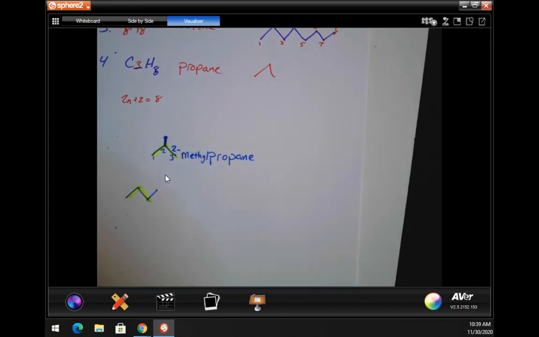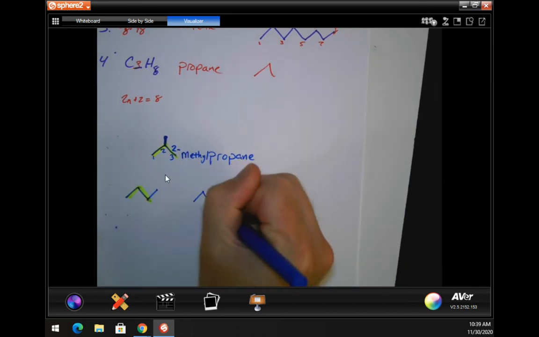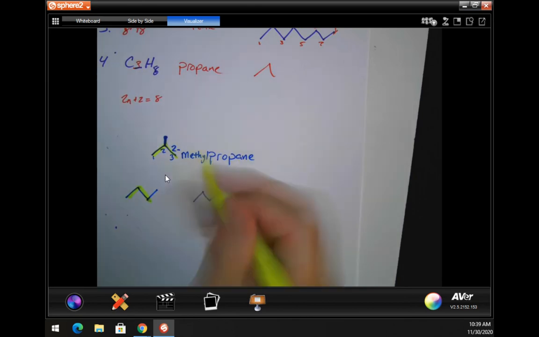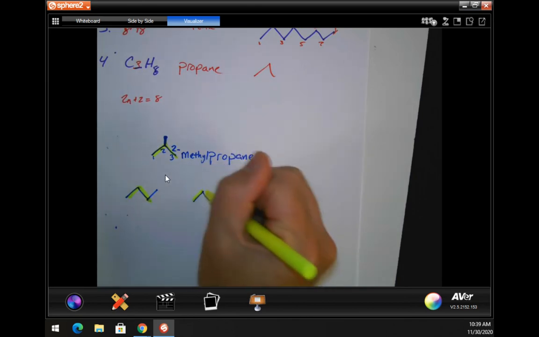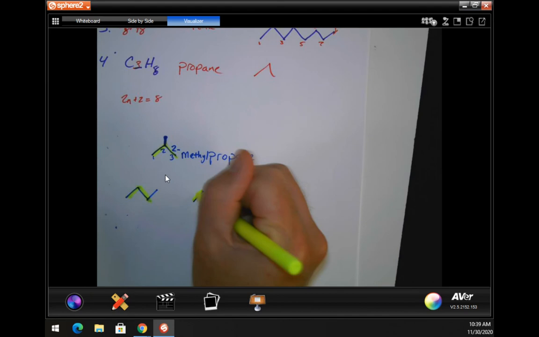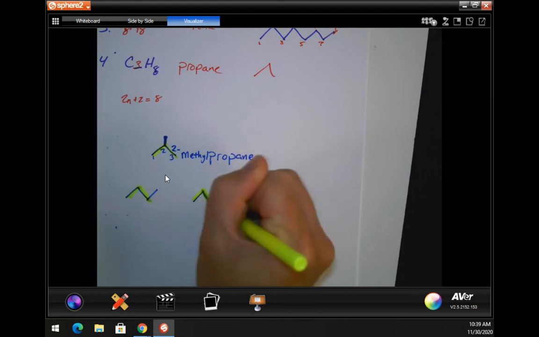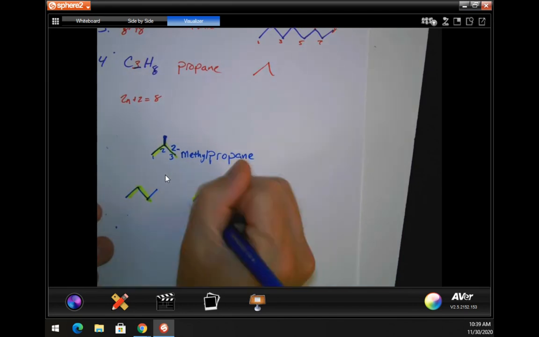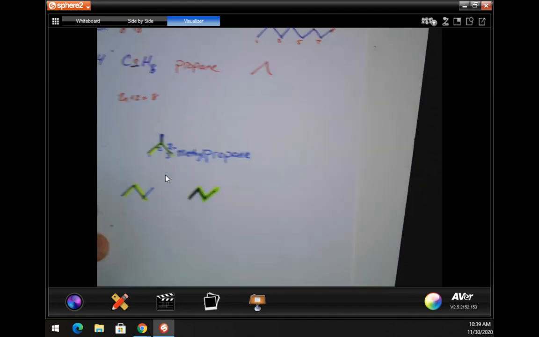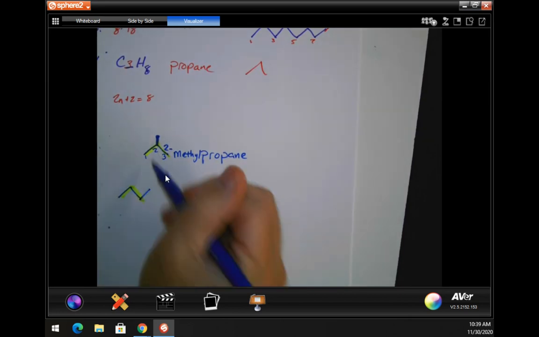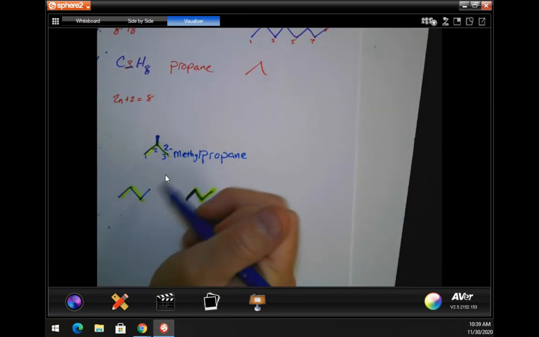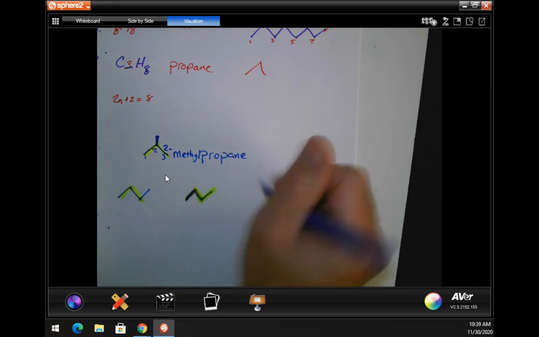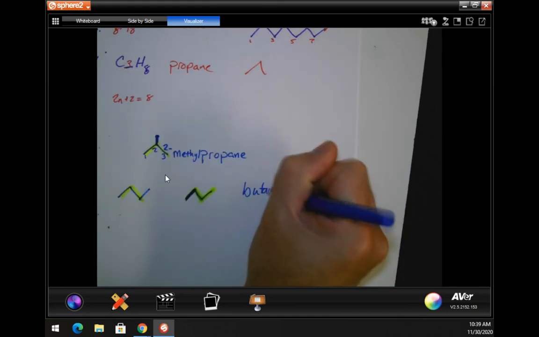Oops, I did that wrong. Pretend that I didn't do that. That this is the longest chain? Nope, I can't, because if I add a methyl group to the end, I just added another carbon. So instead of propane, I created butane. Does that make sense?